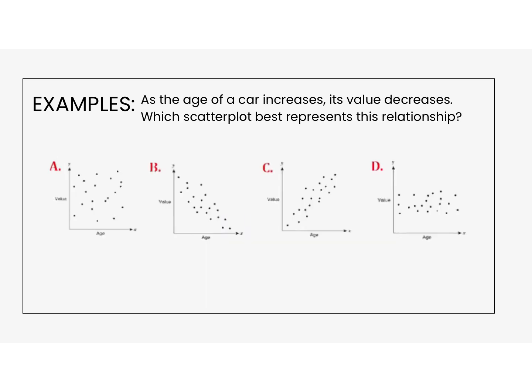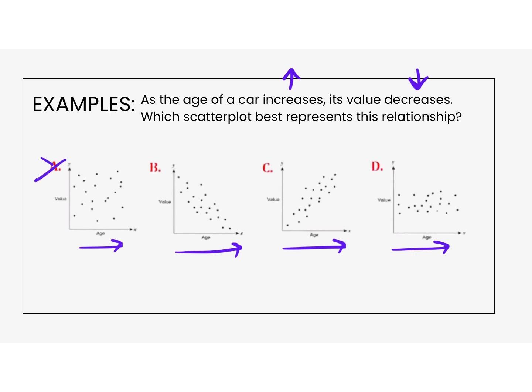Okay, in this example, I'm giving you a situation. I say, as the age of a car increases, its value decreases. So we're going to look at these scatter plots to try and figure out what represents this relationship. So first I'm looking for, as x increases, its value, y, decreases. So as the age increases this way, I need y to come down.